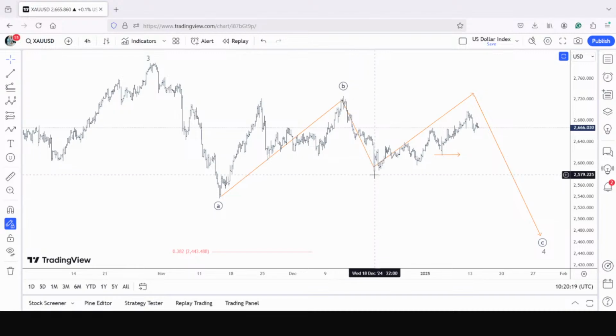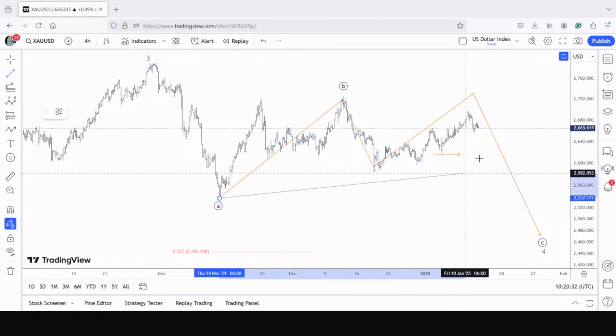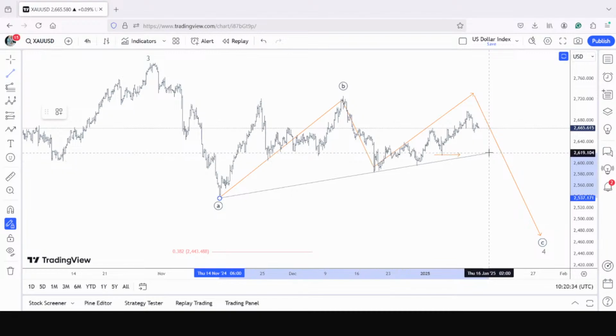And this one could be C into circle. That one could be D into circle. And if it is wanting to come down to print wave E into circle, then this is the area where it would like to drop, somewhere within the vicinity of 26, 27 or so.